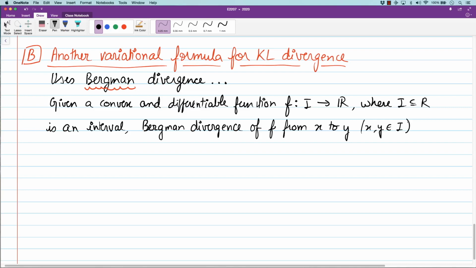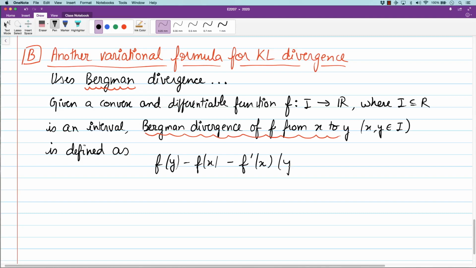So the Bregman divergence from x to y is defined as f of y minus f of x minus f prime of x times y minus x. Can someone recognize what this quantity is?